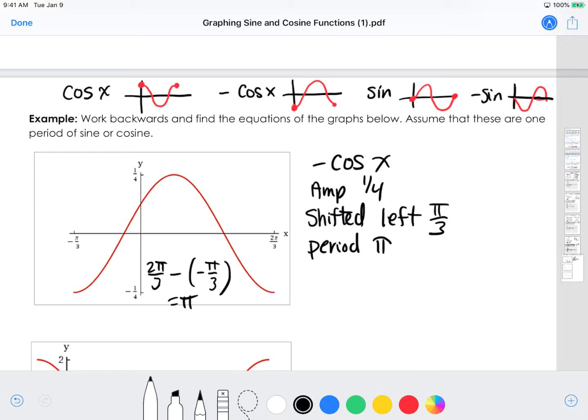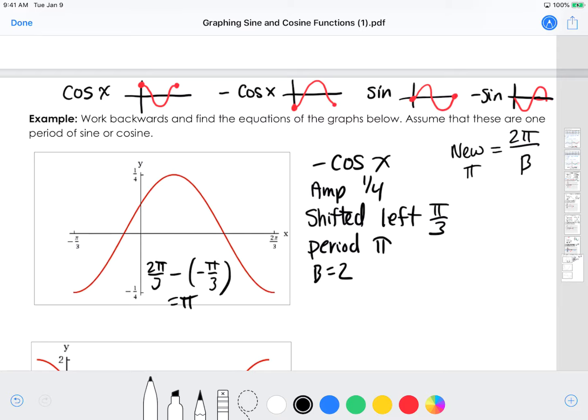In order to find our value of b, remember the new period, which in this case is pi, is equal to the original period, which is 2 pi, divided by our value of b. So if I take 2 pi divided by b, and I get pi, which is our new period, our value of b would have to be 2. Right? 2 pi divided by 2 would give me the new period, which is pi.